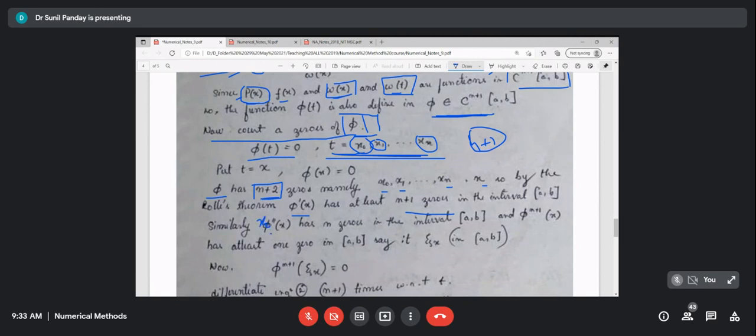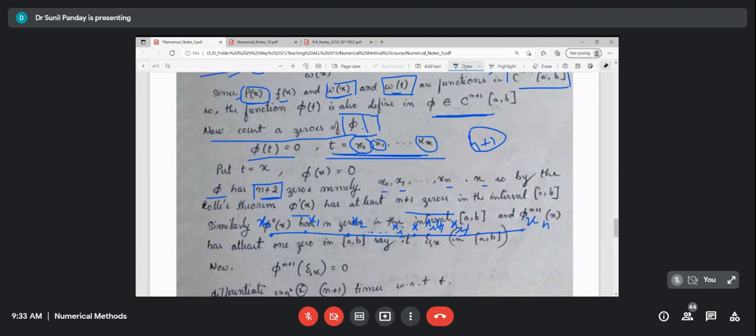Suppose I take x_0 on a line, and this is x_1, and somewhere we have x_2, somewhere x_n.